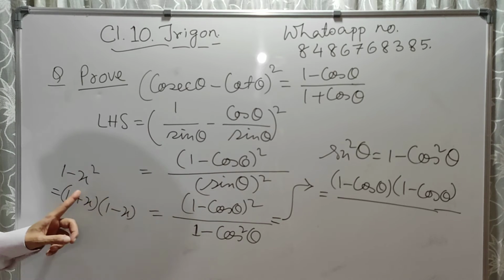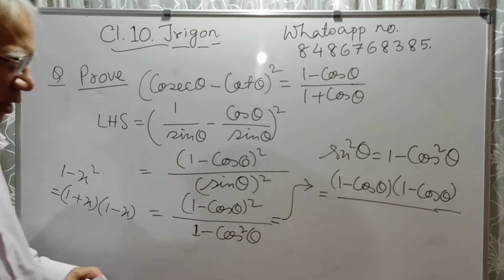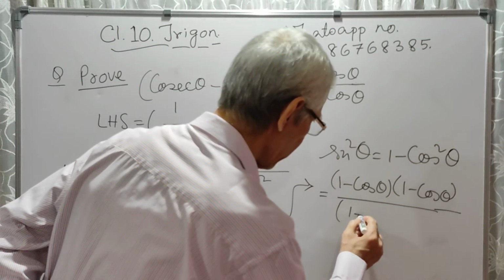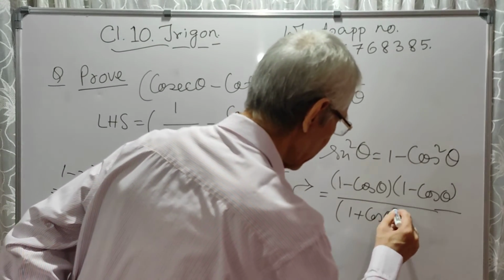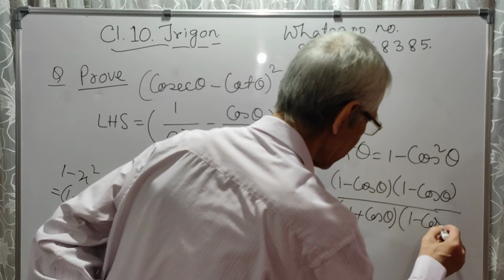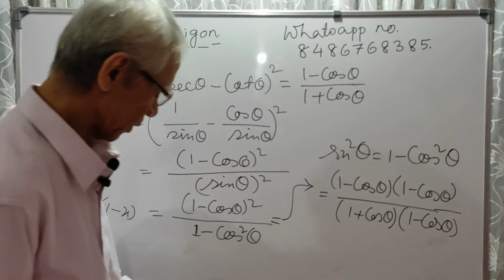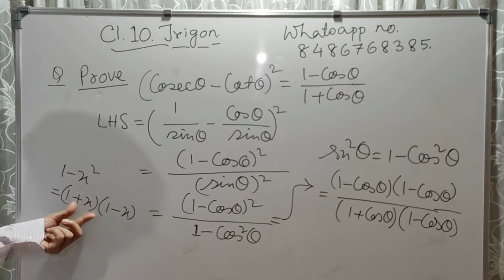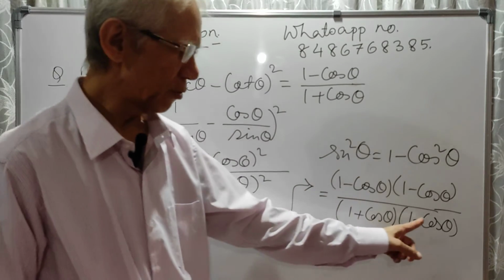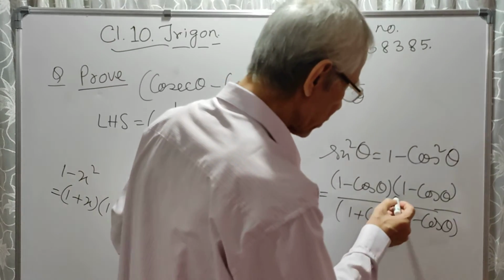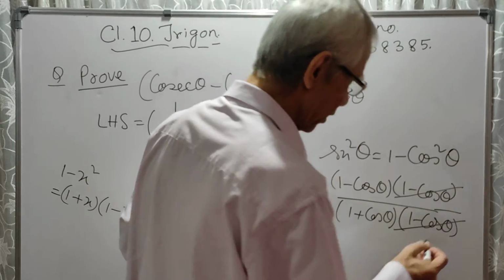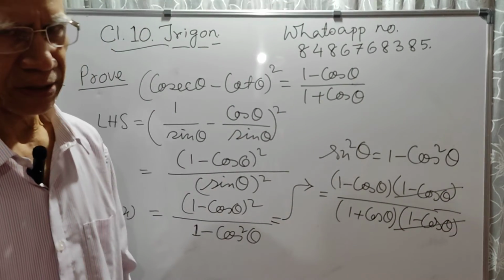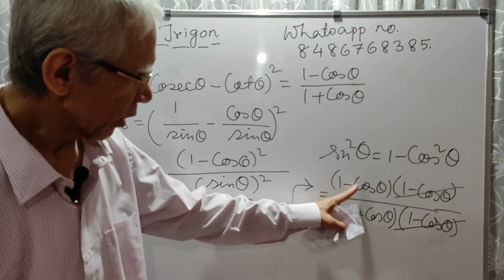So 1 minus cos square theta will be 1 plus cos theta into 1 minus cos theta. Now 1 minus cos theta, 1 minus cos theta, they are factors, so they cancel each other. So what remains? 1 minus cos theta by 1 plus cos theta.